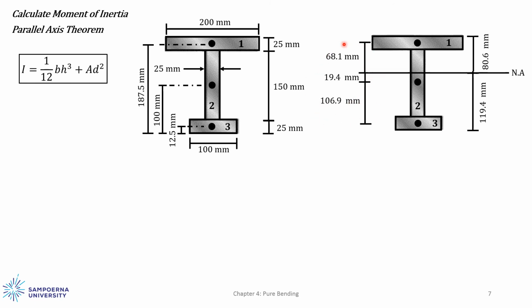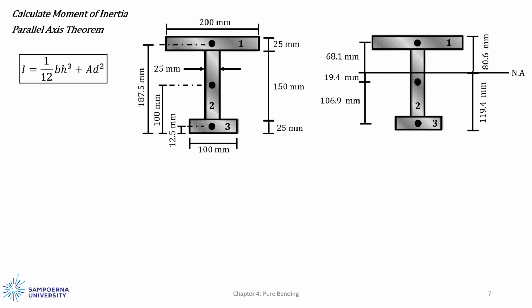From the left picture, we know the dimension of each section and the distance from the below surface to each centroid of the section like we did before.